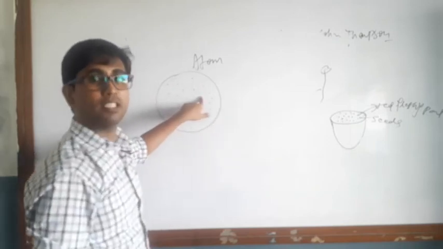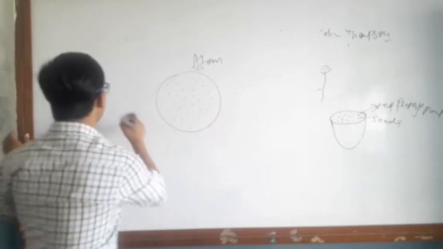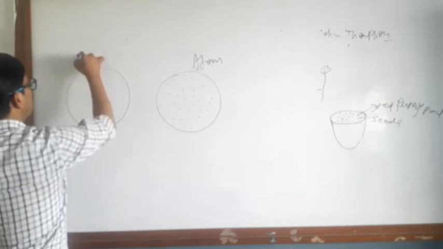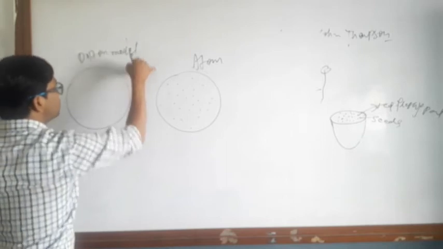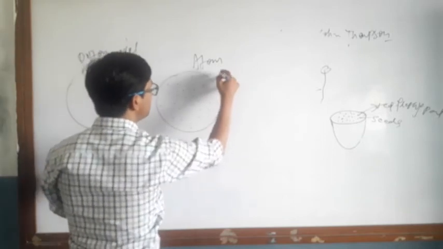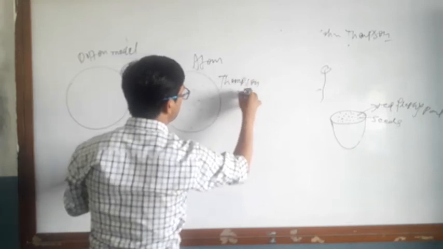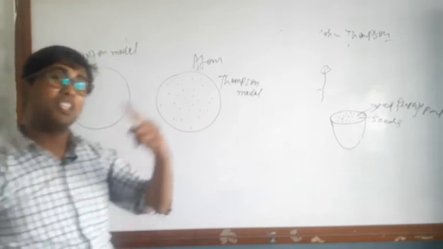Undotted places are positive and dotted places are negative. So you can see the difference. Dalton model and Thomson model, you can see the difference.